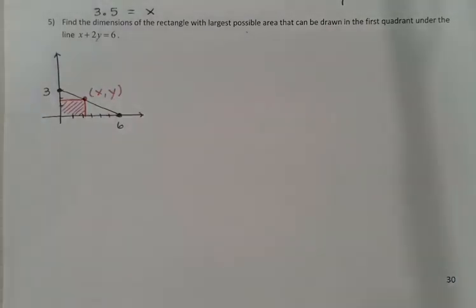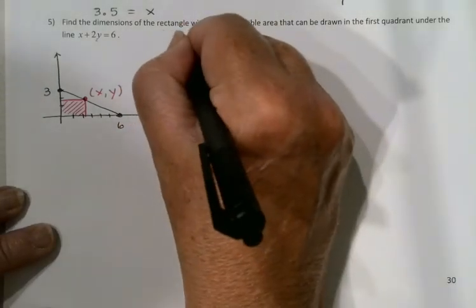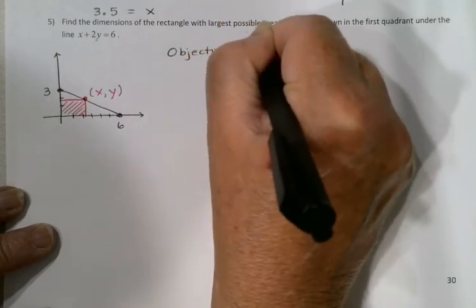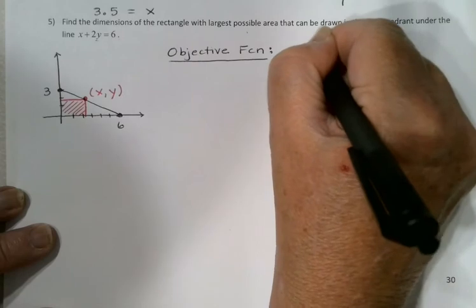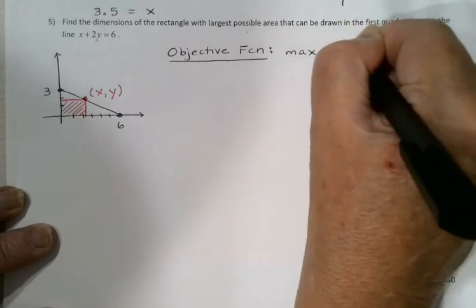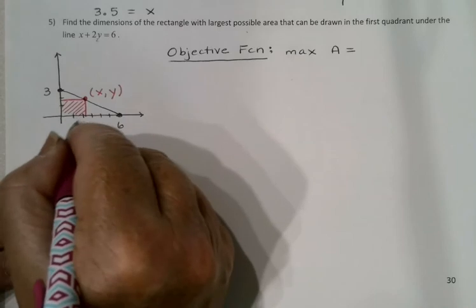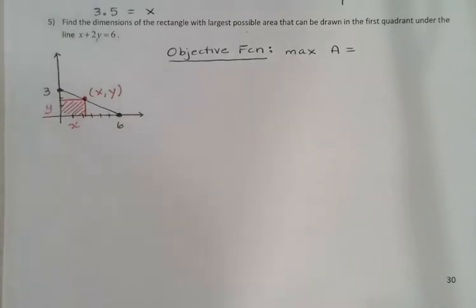My goal is to maximize the area of the rectangle, so that is my objective function. And notice that for this rectangle, the length here would be the x value, and the width would be the y value.